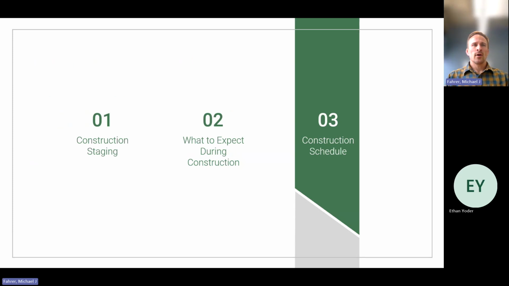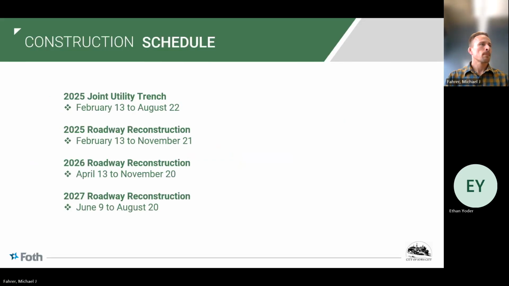Finally, we'll wrap up by talking through the high level of the construction schedule. Starting off in 2025, the joint utility trench was planned to start up this week, on Thursday, but with the upcoming weather that will likely get pushed a week.